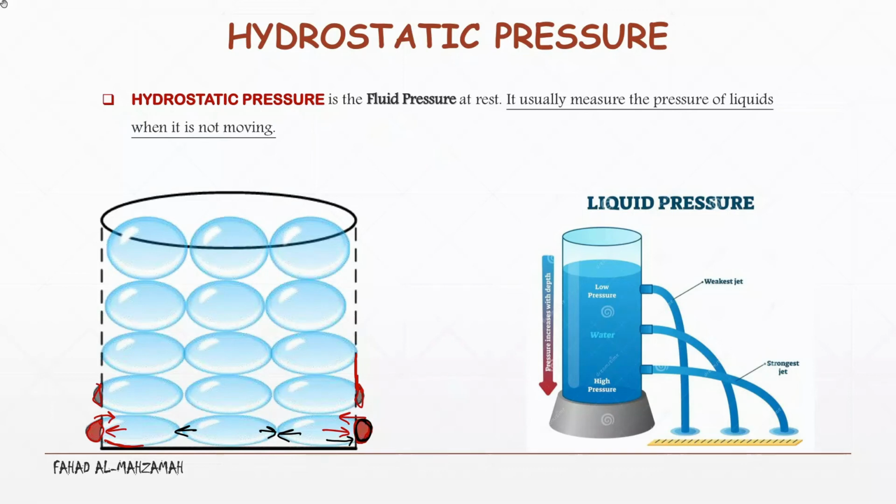Again, this one will exert a pressure on the wall, and as we go up, the pressure is decreasing. So here the wall will force this smaller part to be inside, so it will generate less pressure on the wall, and this part will force a very small part to come inside the container, so it will generate a very small pressure on the container.